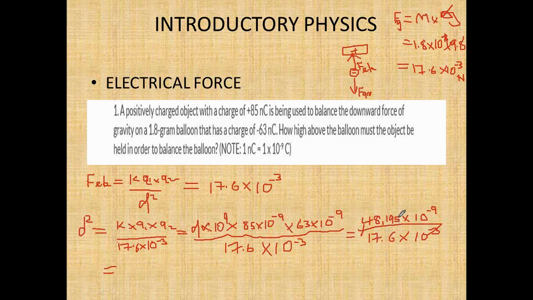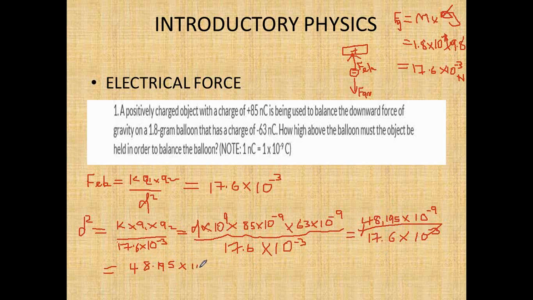This 48,195 is actually 48.195 times 10 to the power 3.